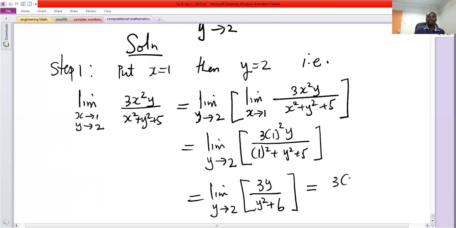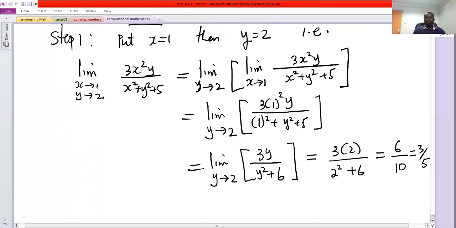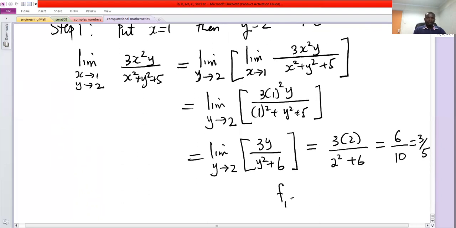So it will be 3 times 2 over 2 squared plus 6. 3 times 2 is 6. 2 squared is 4 plus 6 is 10, which is 3 over 5. So F1 is 3 over 5.